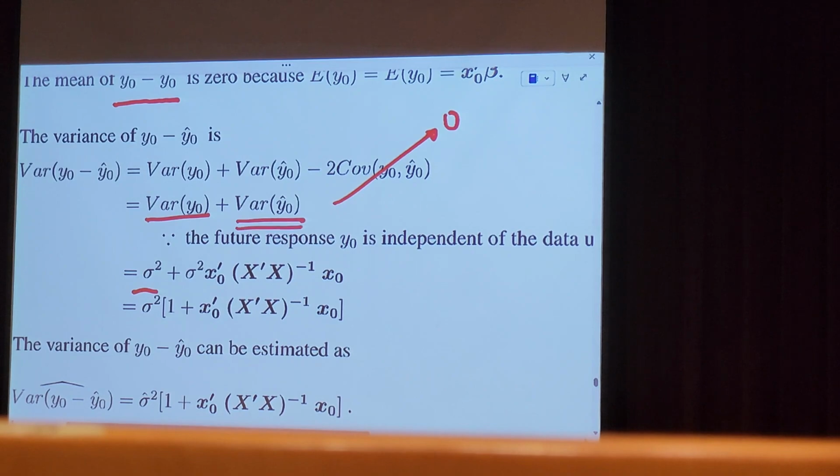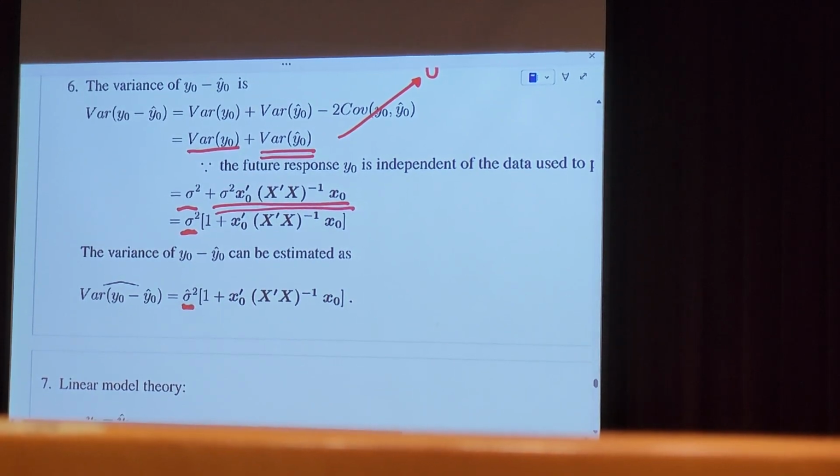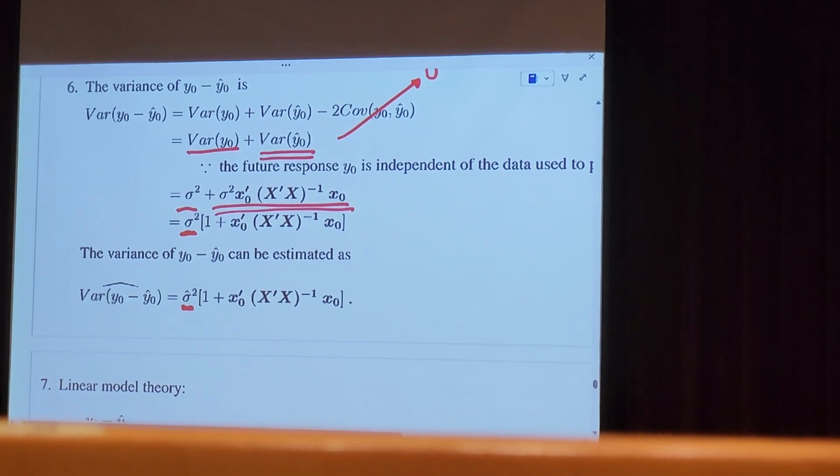This one, we have gone through it just now. This is the variance of a predicted value, or fitted value. And so we have the variance also. And of course, the variance depends on some population parameter. So we need to estimate it. You can estimate it using the mean square residual.